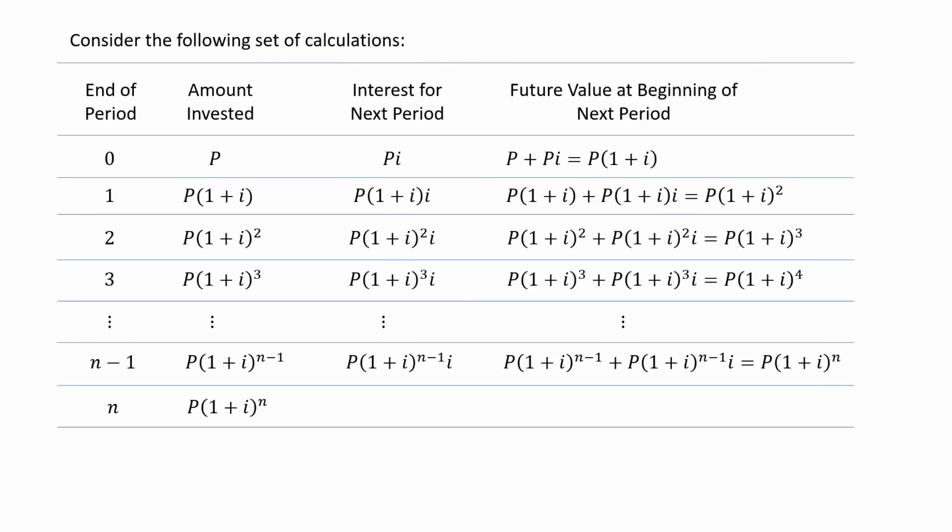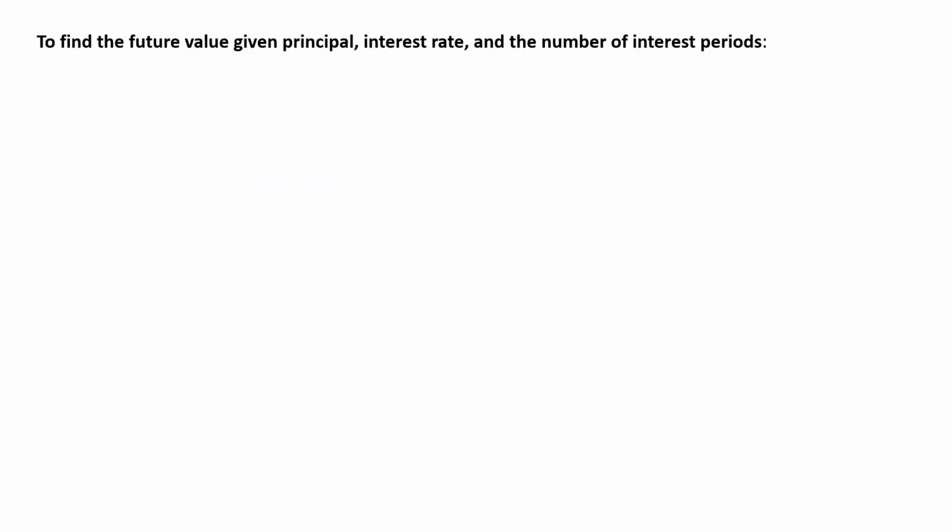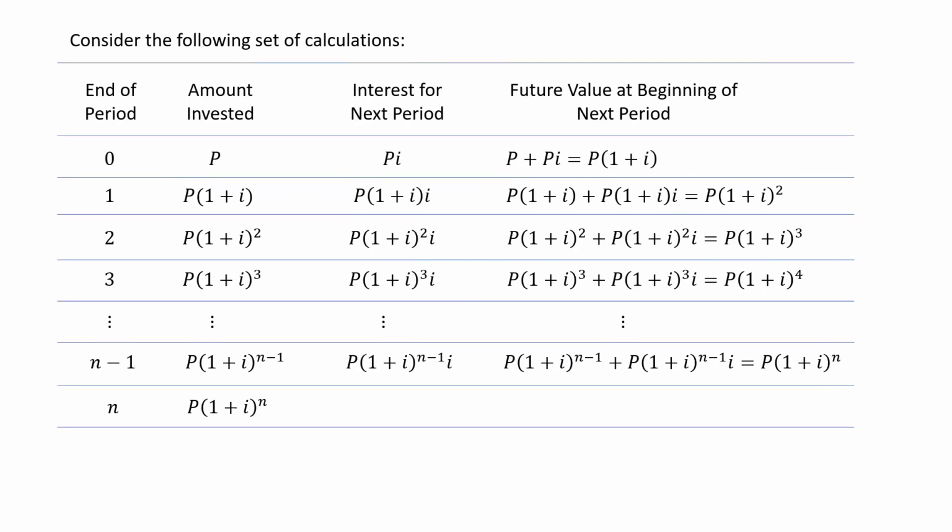All right. So to find a future value given principal, interest rate, and the number of interest periods, we are going back to this table. What happens if I invest P and the interest rate per period is I? After n years, the amount I would have is P times 1 plus I to the n.